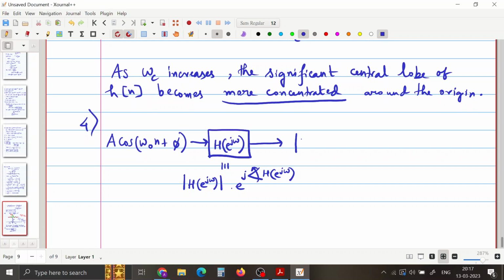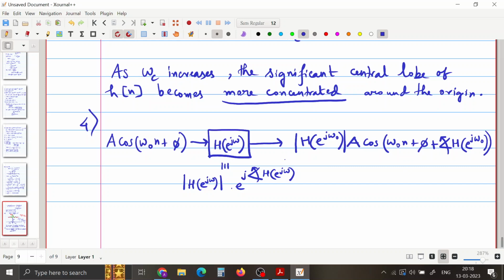The amplitude is scaled by the magnitude evaluated at the given frequency omega naught, capital H of e power j omega naught, times your actual input, a cos of omega naught n plus phi, and the phase is shifted by the phase response evaluated at the input frequency.